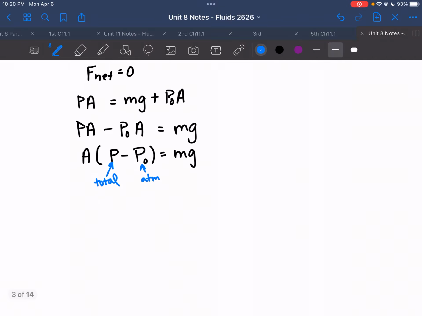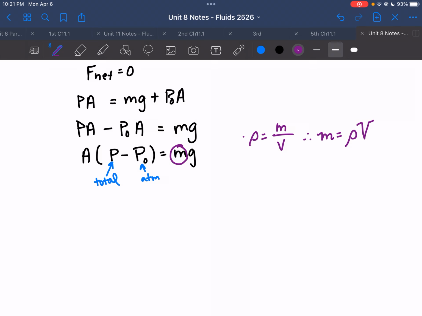All right, we can continue going here because if we're dealing with fluids, we're actually going to change how we think of our mass. We know the density is equal to mass divided by volume. And so if I wanted to rearrange this, I can say that the mass is going to be the density times the volume.